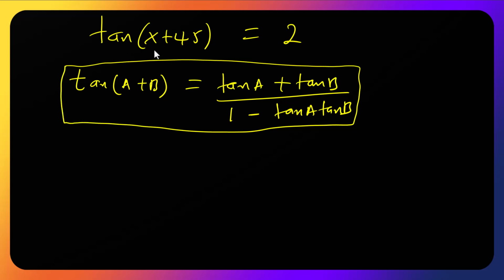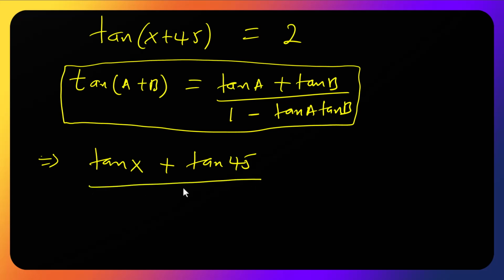So a is x and b is 45. I can say tan x plus tan 45, which is 1, on 1 minus tan x tan 45 equals 2.